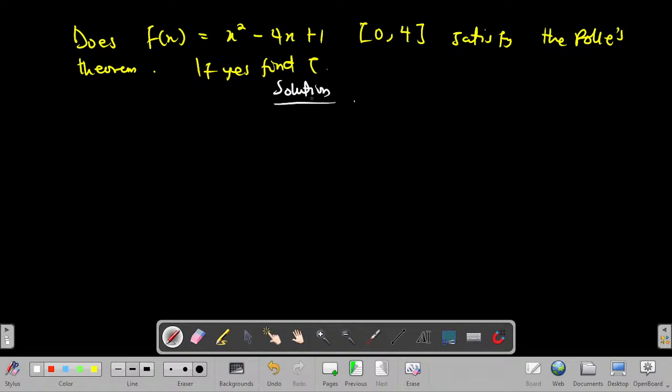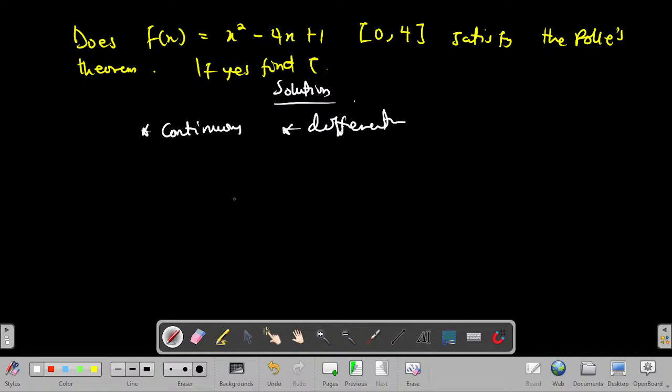First of all, what is Rolle's theorem? It is bounded by the mean value theorem.